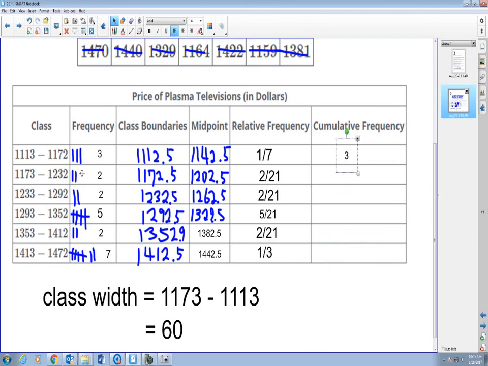Alright, so now the next class is 2, so you take the 2, add on to the previous one, so that will make it 5. The next one is 2, add on to the accumulation of the previous one, that will make it 7. The next class is 5, add on to the previous accumulation, will make it 12.